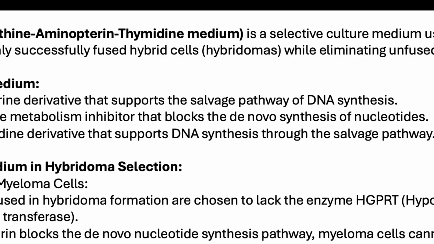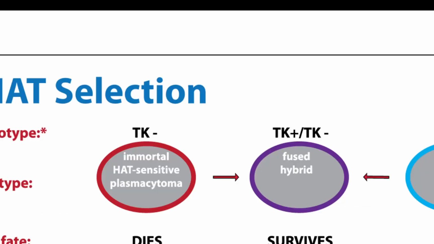So this selects for hybridomas, fused B cell plus myeloma, which inherit both properties: the ability to survive using the salvage pathway from the B cell and the ability to divide indefinitely from the myeloma cell. This is how HAT medium functions. These hybridomas survive in HAT medium, ensuring only antibody producing immortal cells remain. HAT medium plays a crucial role in ensuring that only hybridomas are selected for further screening and mass production.